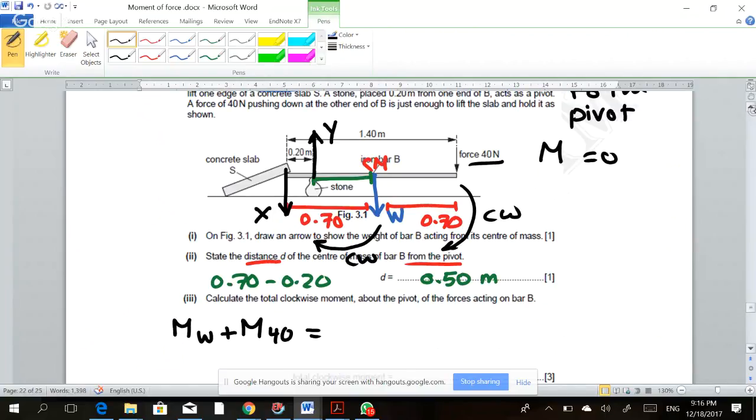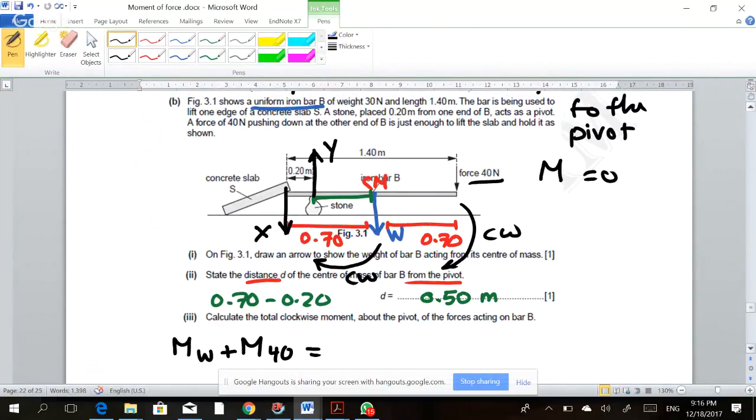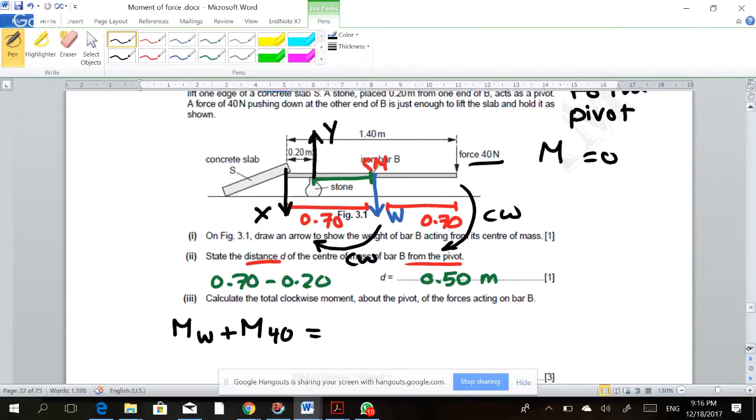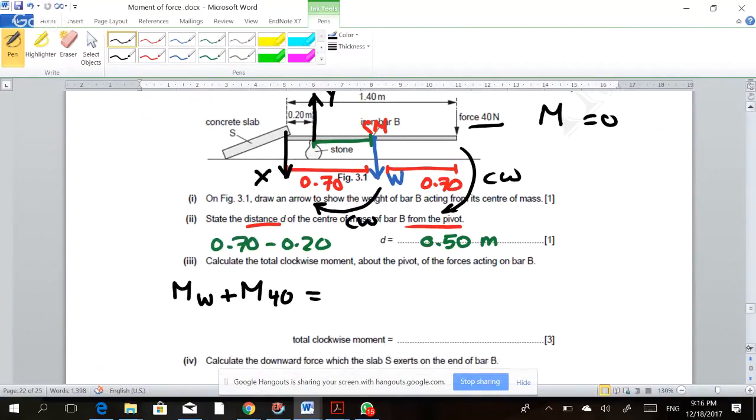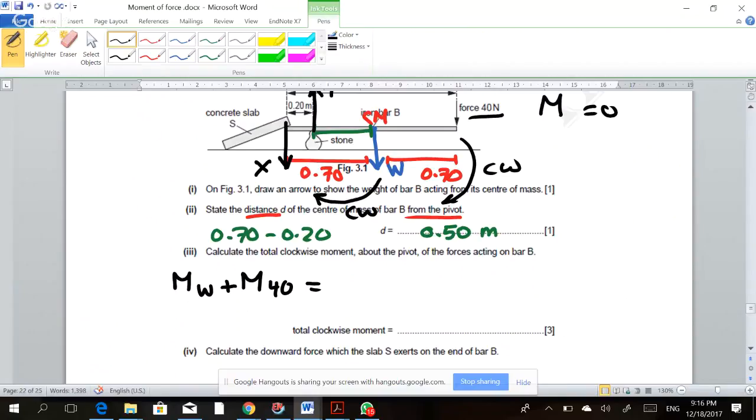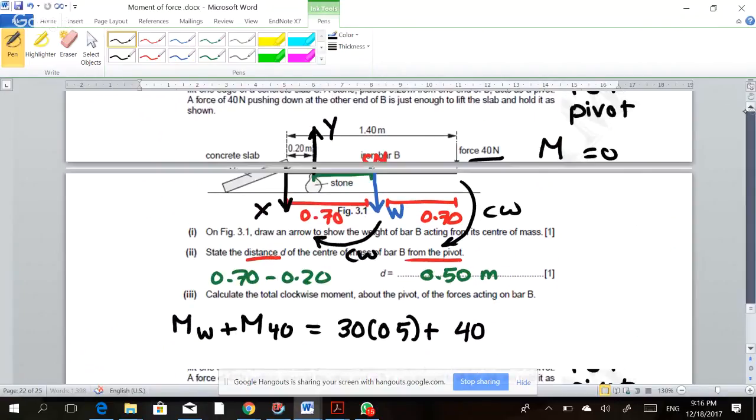W, the weight, is 30. The weight is 30, and the distance is 0.15. Okay, this is the distance. Then 40.